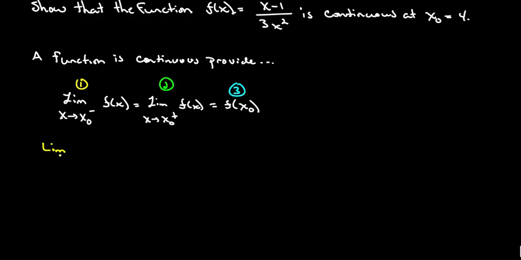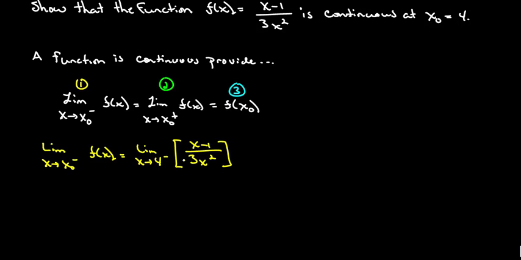So the limit as x approaches x naught from the left of f of x is the limit as x approaches 4 from the left hand side of x minus 1 over 3x squared.